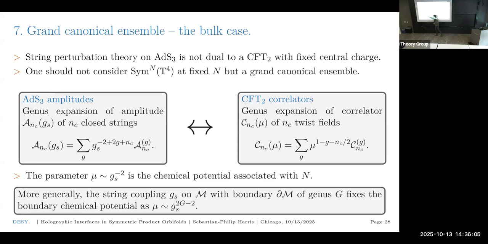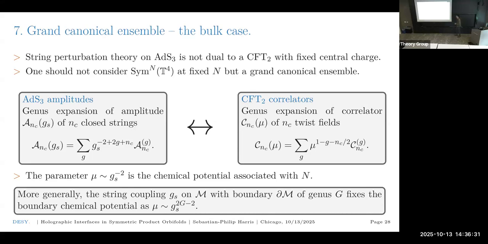Therefore, if you just identify this chemical potential with g_string to the -2, you can structurally match the string perturbation theory. Then furthermore, you would also have to explicitly match these contributions to the scattering amplitudes and correlators, but this has been done as well.